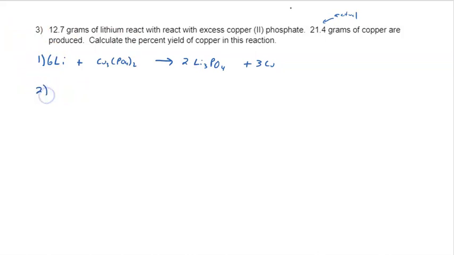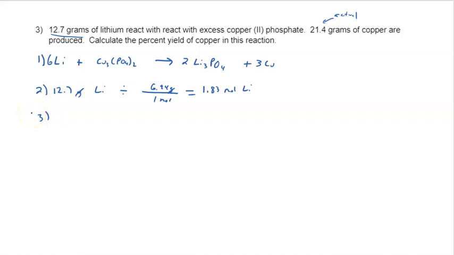Moving on. Now I'm going to convert my known quantity into moles. So I've got 12.7 grams of lithium divided by 6.94 grams per 1 mole. That's going to give me 1.83 moles of lithium. Step 3.